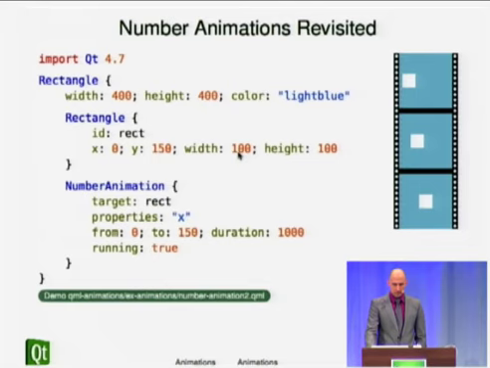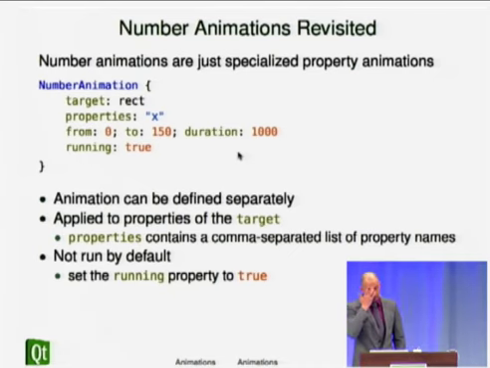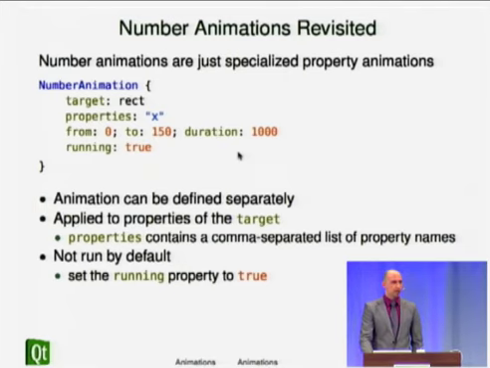Number animation. Is there anything new in there? I don't think so. No. Okay, so number animations are special because generally, well, they have some special properties which implementationally makes it nice to be encapsulated.